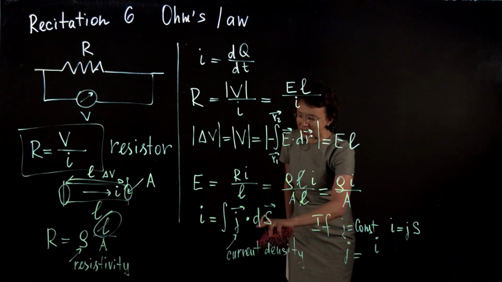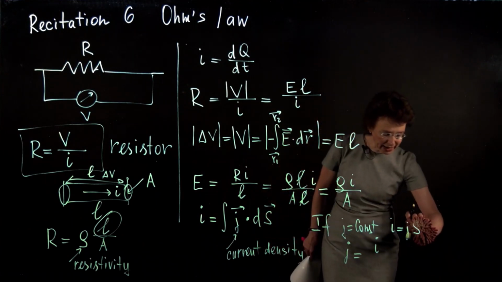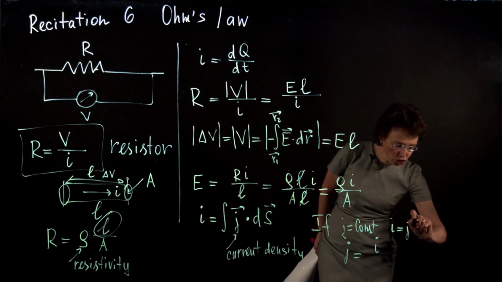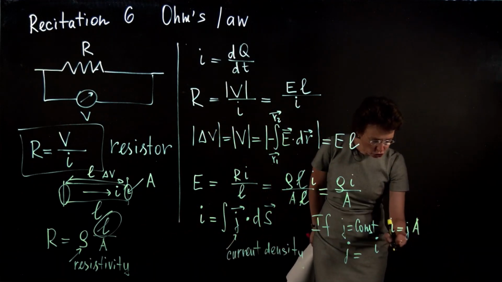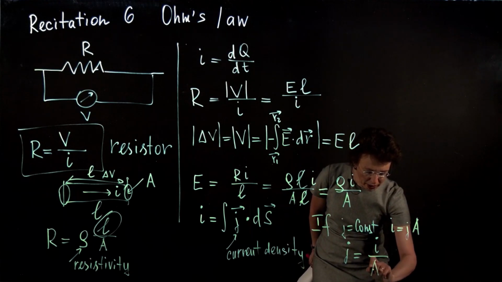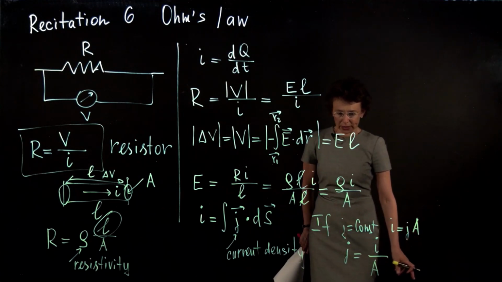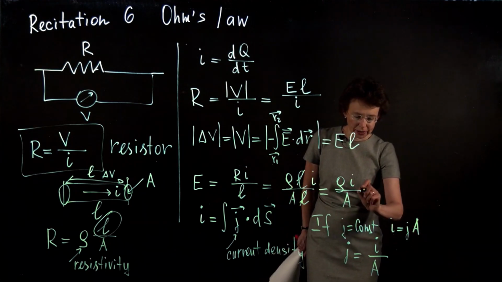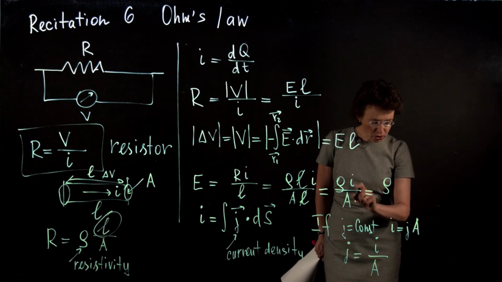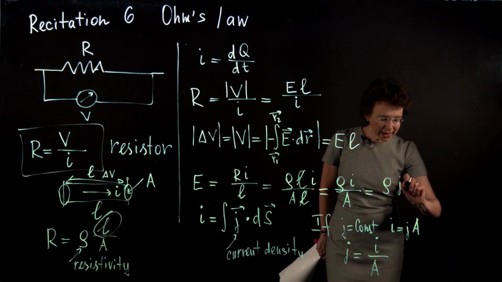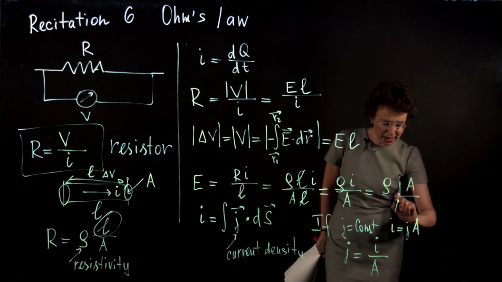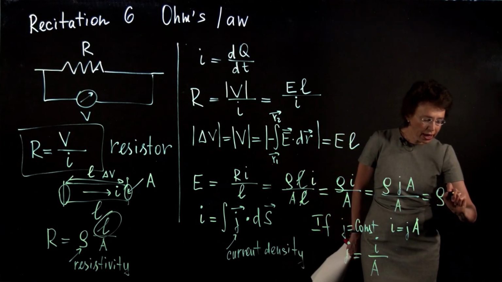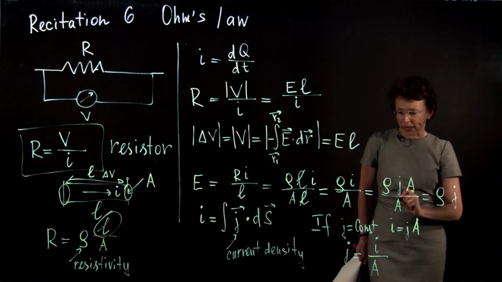The integral of ds is just the area, and we call the area A. So I will write J times A, and then J is I over A. This is the current density. Now I write the current as J A, so I is J A divided by A, and I have the electric field as rho times J.